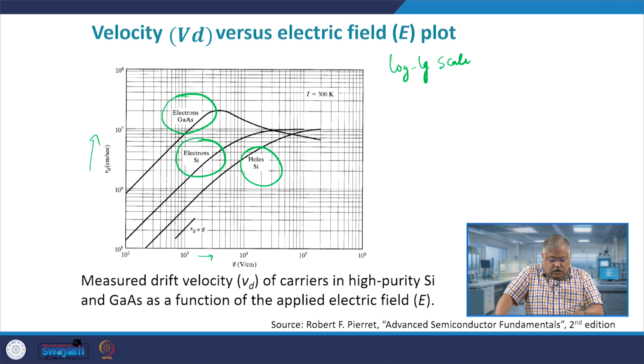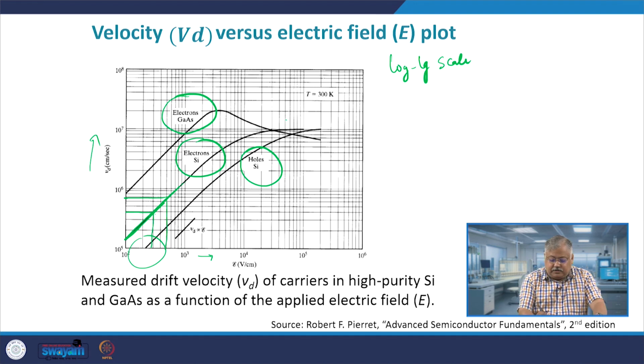As you start increasing the electric field at a very low value, the velocity increases like this. For the same increase in the electric field, we get the same increase in the velocity. It crosses through these regions in a very even fashion, and that's the reason we say that the mobility is constant for moderate to low values of electric field.